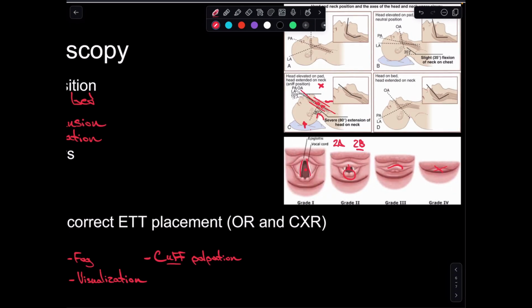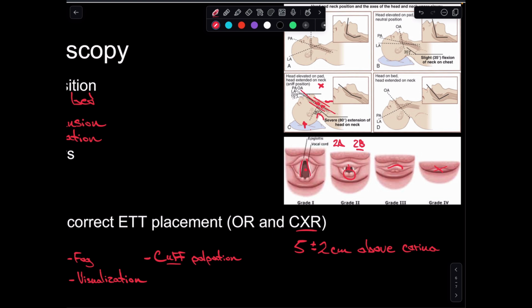If you're confirming with a chest x-ray, it's a little bit variable on the criteria, but as a general rule, you'd be looking to see the endotracheal tube 5 plus or minus 2 centimeters above the carina.